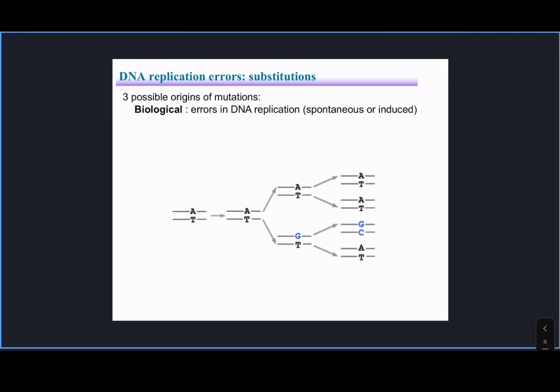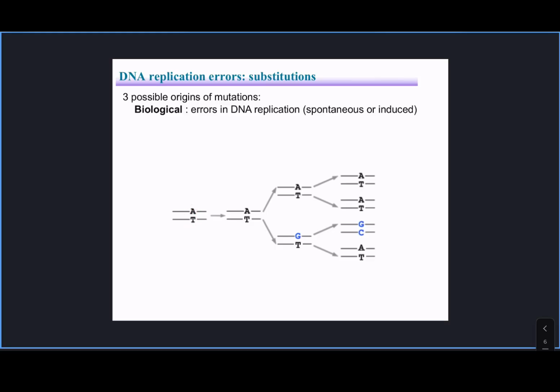Right? So DNA polymerases, when they're replicating DNA, make mistakes. And many of them they correct. They have mechanisms to fix those errors. But some of them they miss. So let's say that we have an original sequence here with a very specific AT pair somewhere in it.